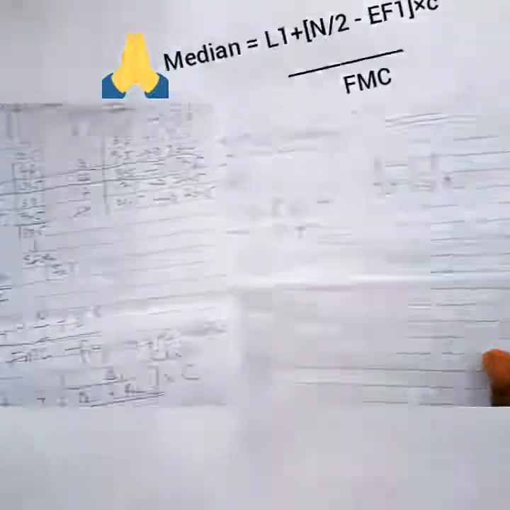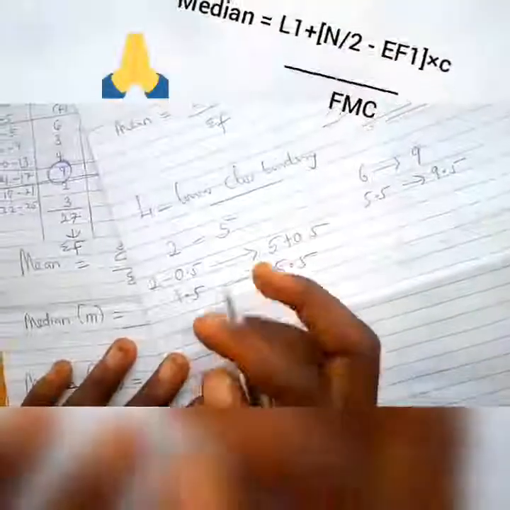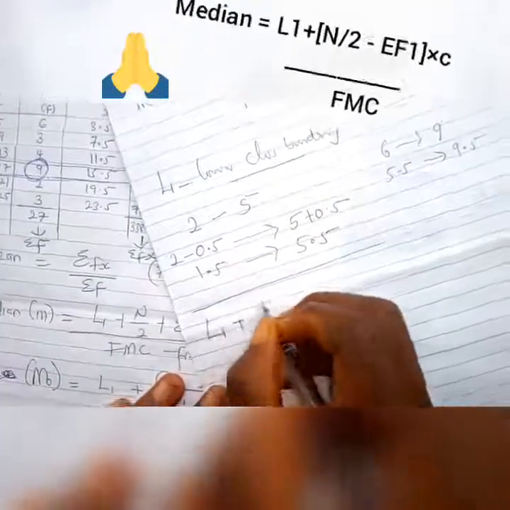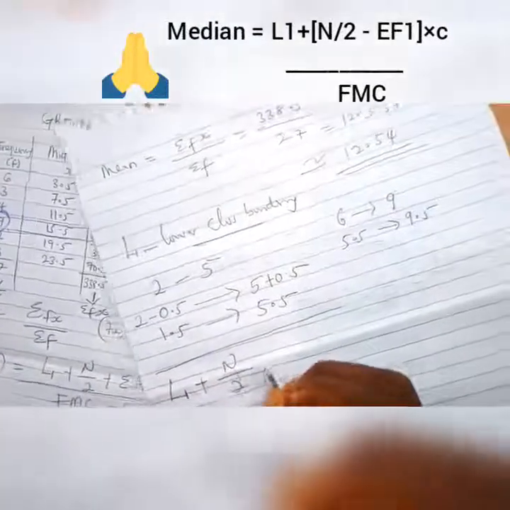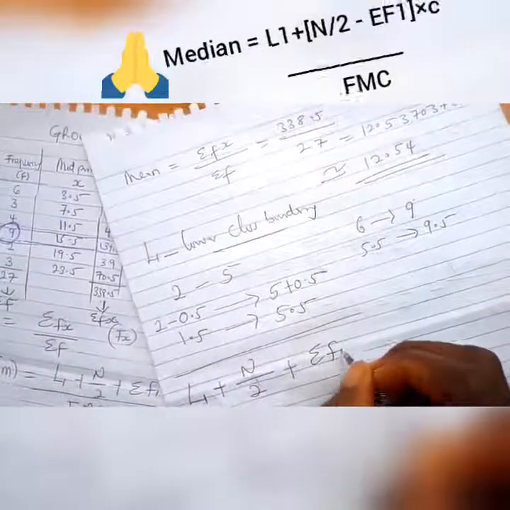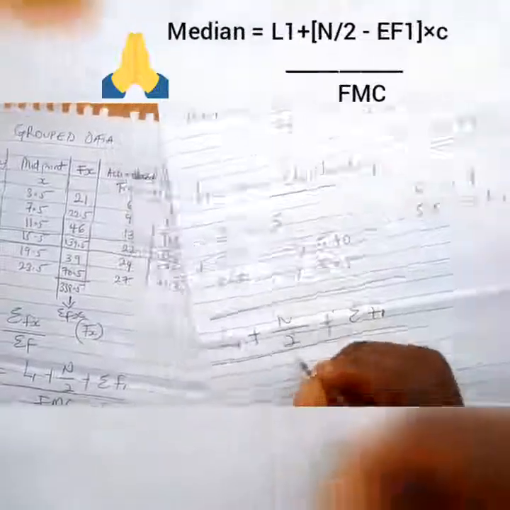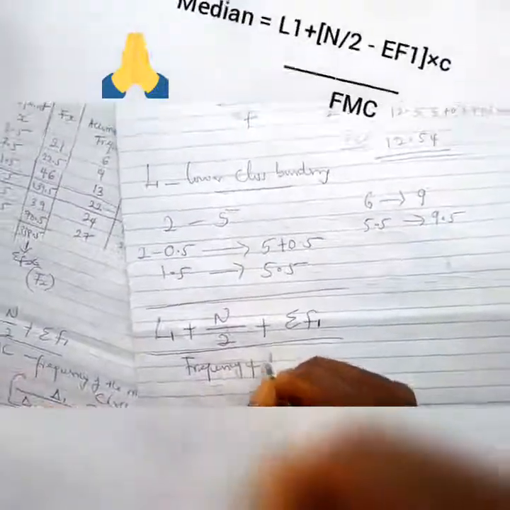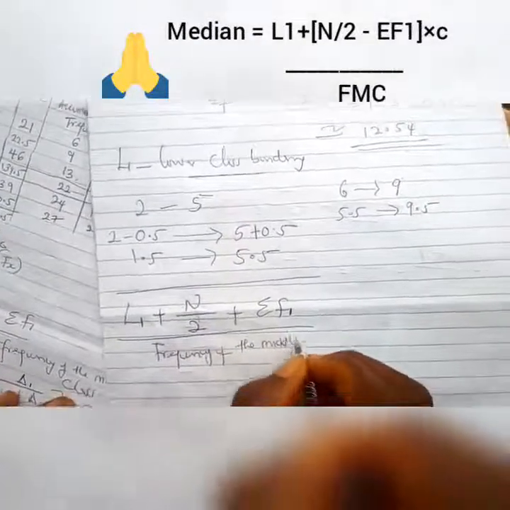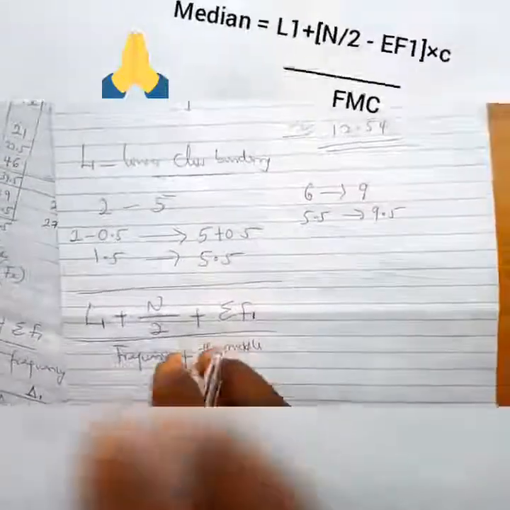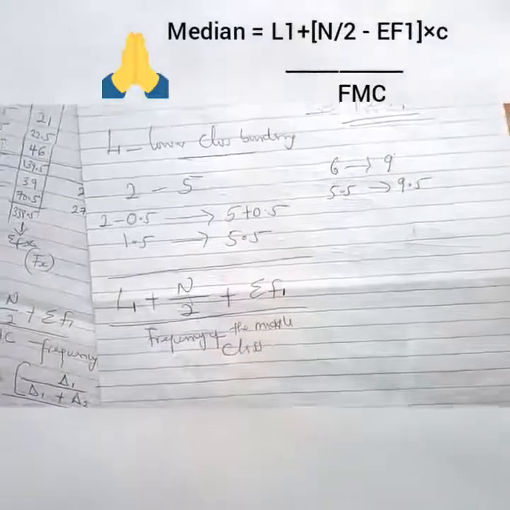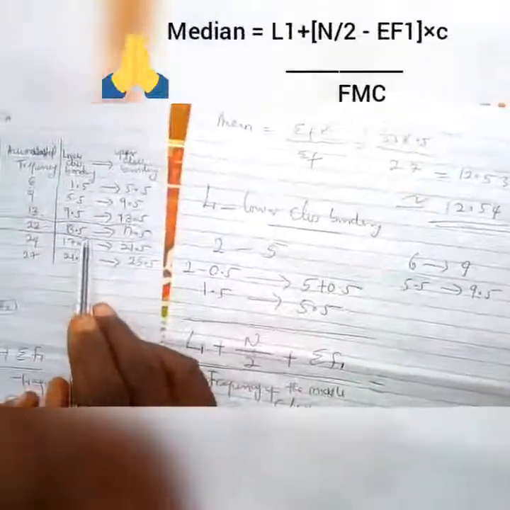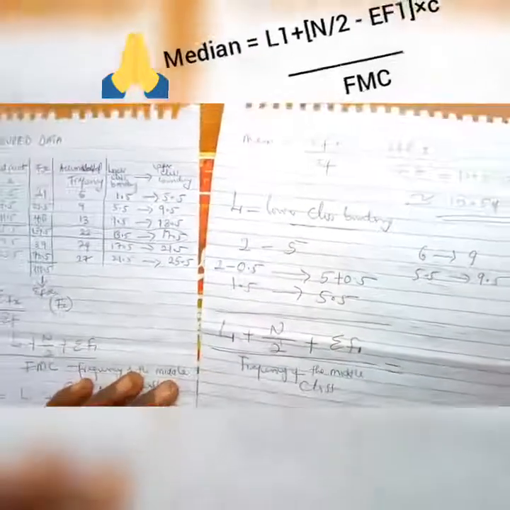So following our formula now, which is L1 plus N over 2 plus summation F1 divided by the frequency of the middle class. I hope you are with me. So our L1 from this table is what? 13.5, a lower class boundary.